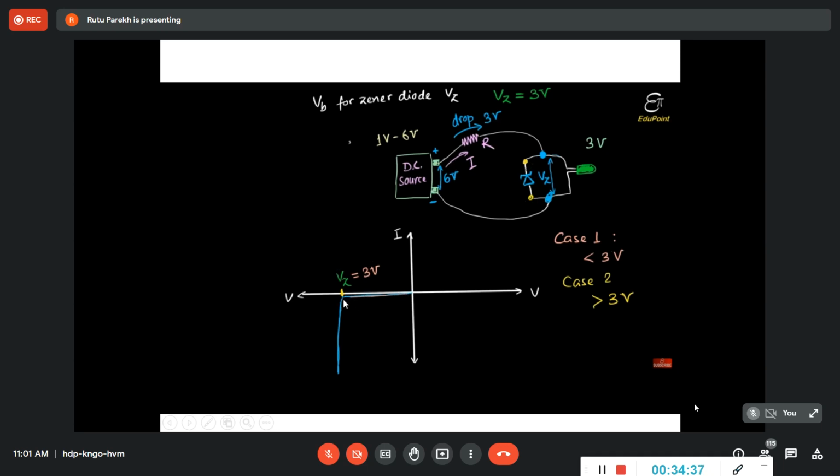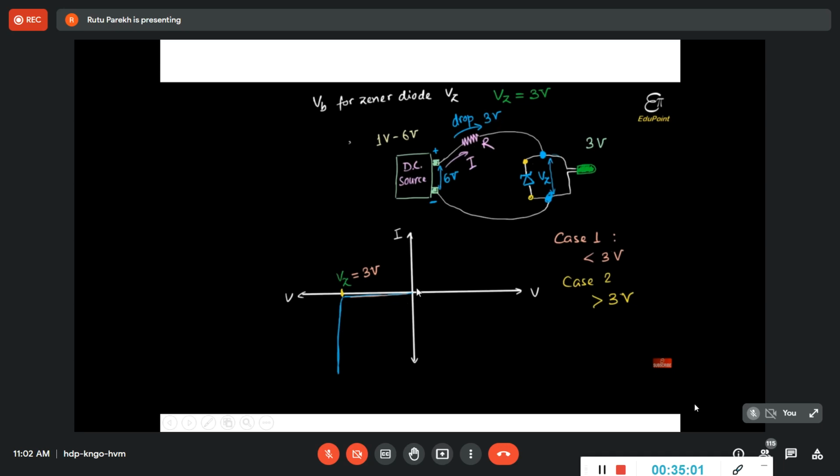It works in the breakdown region, it is in breakdown and conducting at 3 volt. That's what it means. Now see, the voltage is changing, the current will change. Even if the current is increasing, the voltage will remain the same.